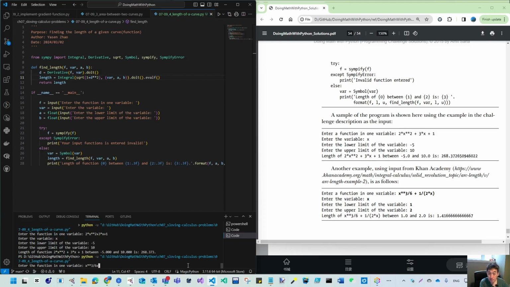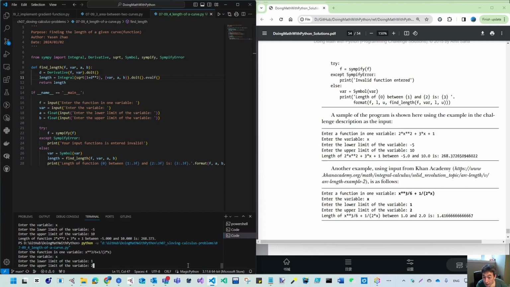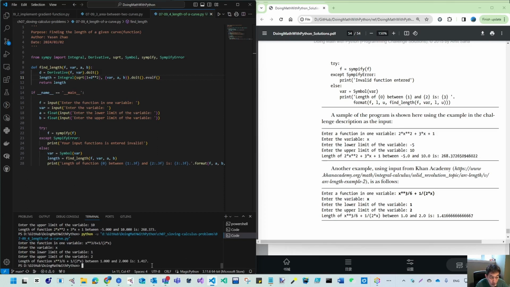So plus 1 divided by 2 times x, so x is under this fraction line. And definitely the variable is x. And we have 1 and 2. And then from 1 to 2 the result is 417. So that's correct.